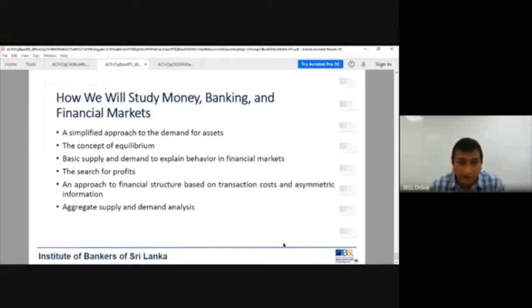If a profit point exists, markets quickly move into that and try to make sure that nobody excessively benefits from profit opportunities, right? So you see these demand and supply forces work in the financial market. So that's how we will be trying to understand the basic elements of this subject.